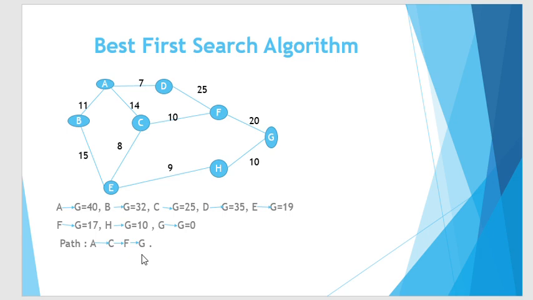Now if we compare this with uninformed search, or without heuristics, we use breadth first search or depth first search. So how would that have worked? From A, it would first have gone to B, C, D. It would explore all the three first, then go to the next level.